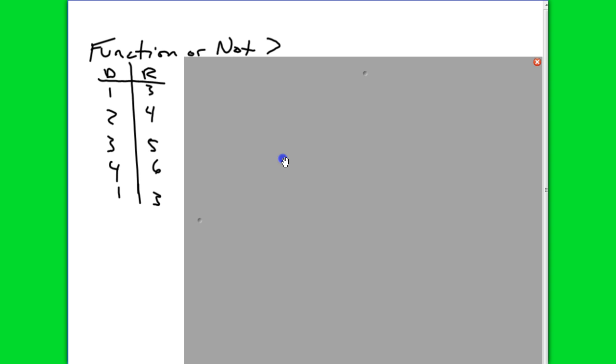Let's look at a group of relations and see whether they are functions or not. Remember, any group of ordered pairs is a relation. So looking at this, I have in my domain 1, out pops 3; 2, 4; 3, 5; 4, 6; 1, 3. Is this a function or not?